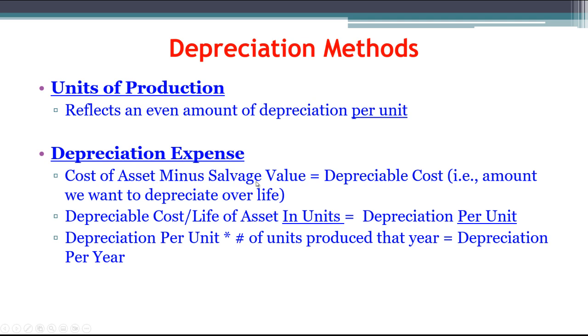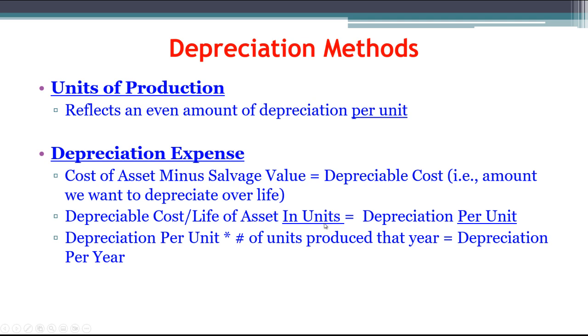The first part of the calculation is still the same. Cost of the asset minus the salvage value. That gives us the depreciable cost that we want to depreciate. The difference is what we're dividing that depreciable cost by. It's still going to be the life of the asset, but it's no longer in years. It's in units. So now we have to estimate how many units we think we're going to produce throughout that asset's life. How many machine hours?